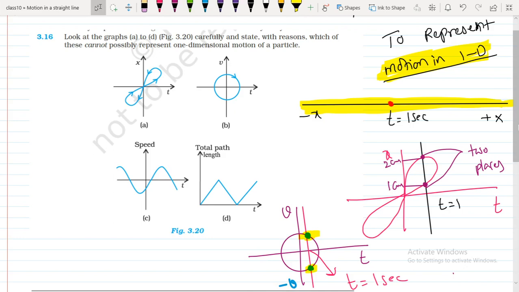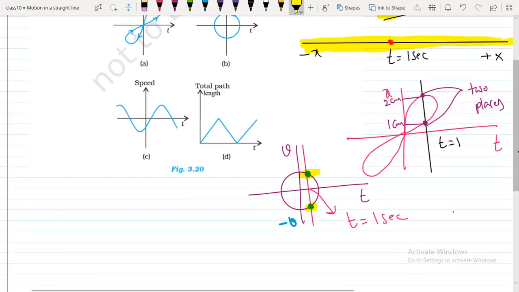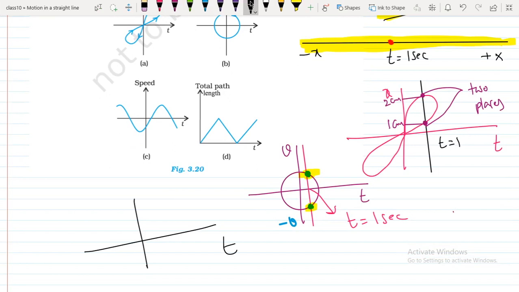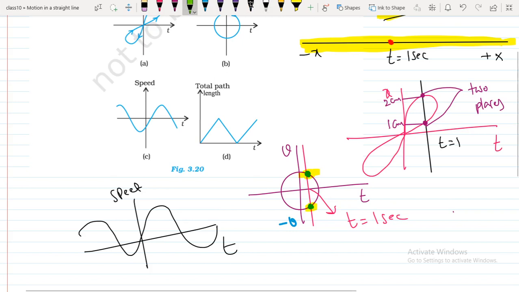Coming to the third graph, speed versus time. Time is given and speed is given, and this graph shows that the speed value is negative. It is going down here. If you can see, it shows the speed is negative. Speed can never be negative; speed is always positive.